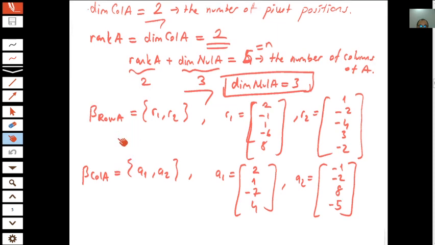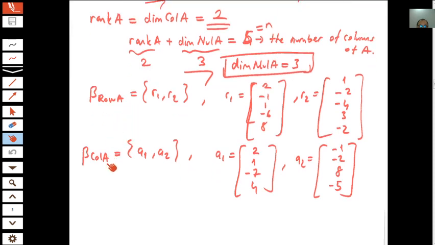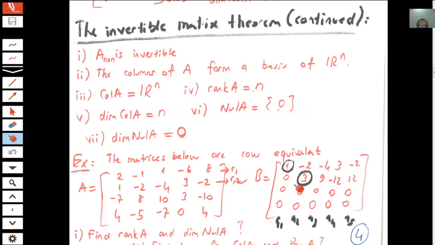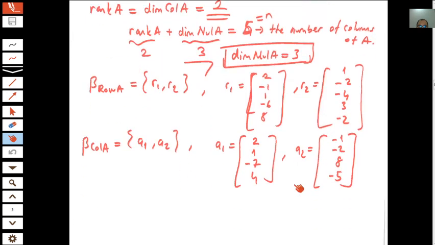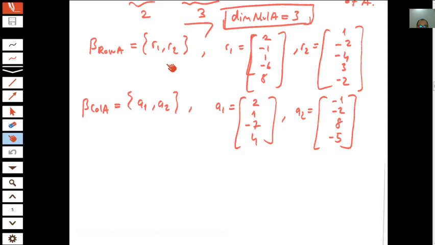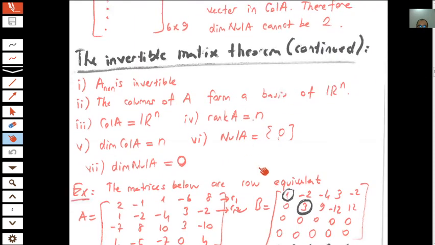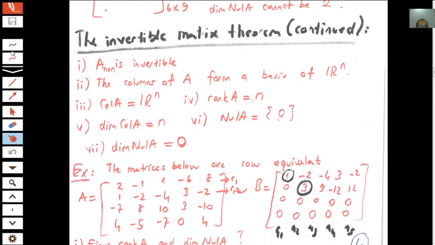And also we can find directly a basis for the row space and column space by using the echelon form. So we write the rows, namely a basis for the row space of A is R1 and R2, namely this one and this one.